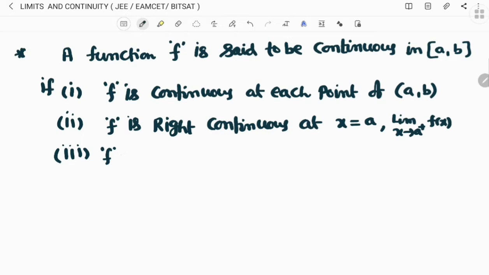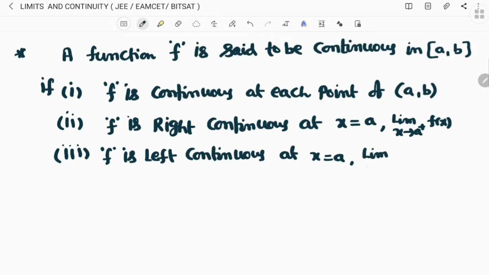Third, f is left continuous at x is equal to b, that is limit x tends to b minus f of x. Sorry, at b it is not a, it is b. That is the only difference.